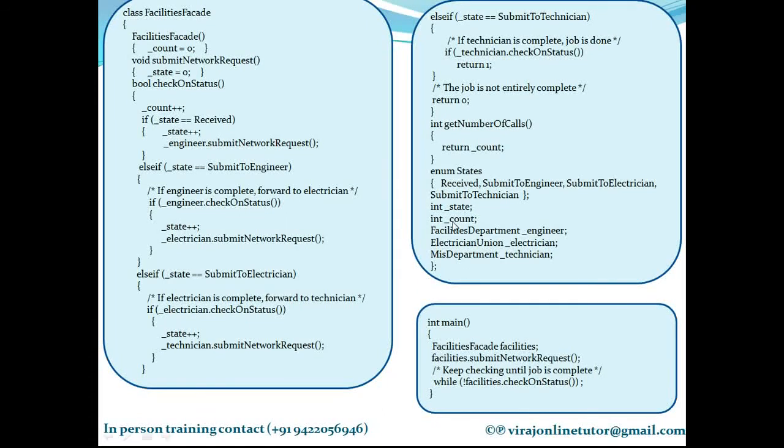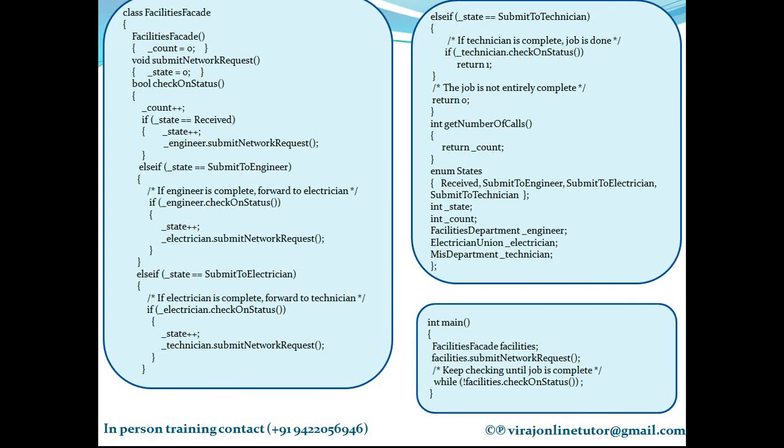Here also I have a state which is a data member of this class, and there is an enum of states, and these are the different states of the facade class. I had received and completed as states of those three classes which we just discussed: miscellaneous, electrician, and the third one. So all those three classes had an enum state in it.